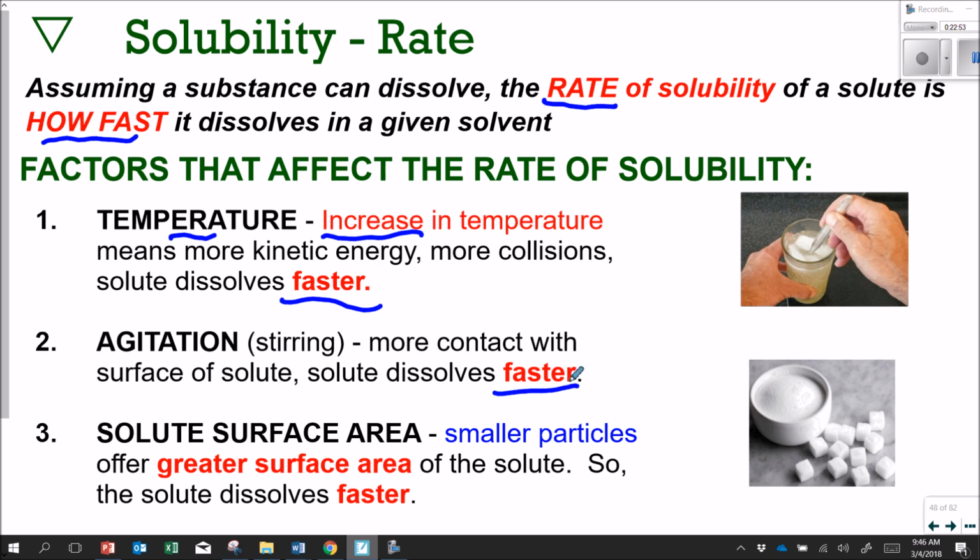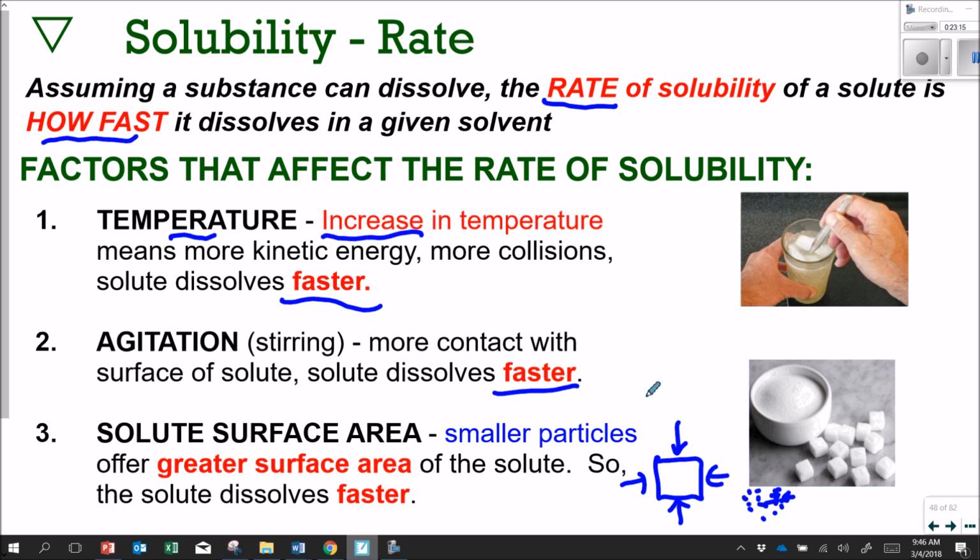Finally, we have the solute surface area. Smaller particles offer greater surface area. If I have a big cube of sugar, my surface area is around these big particles. If I crush this into thousands of little tiny pieces, each little particle has more surface area now exposed to the solvent.